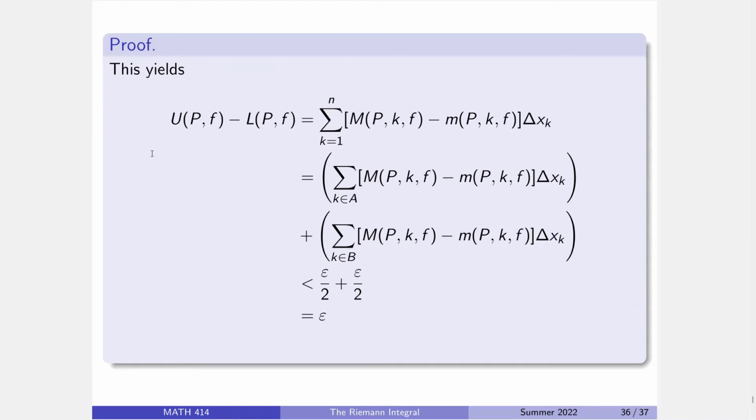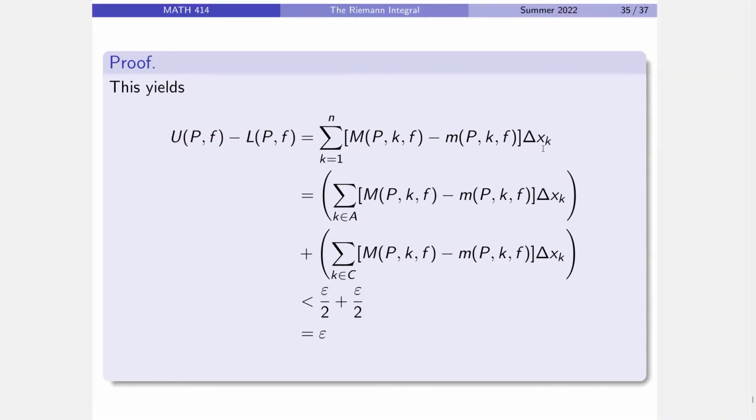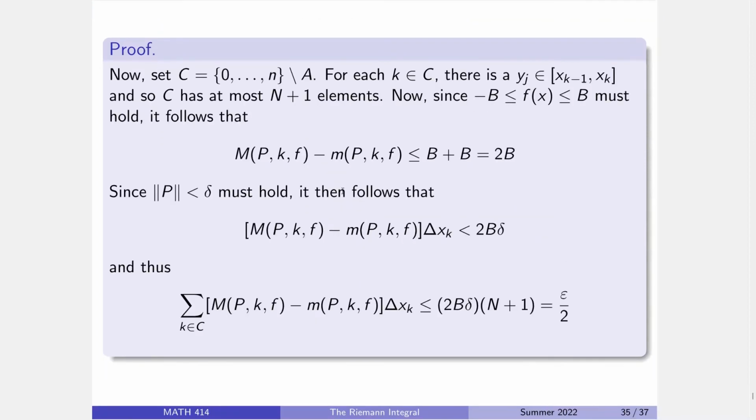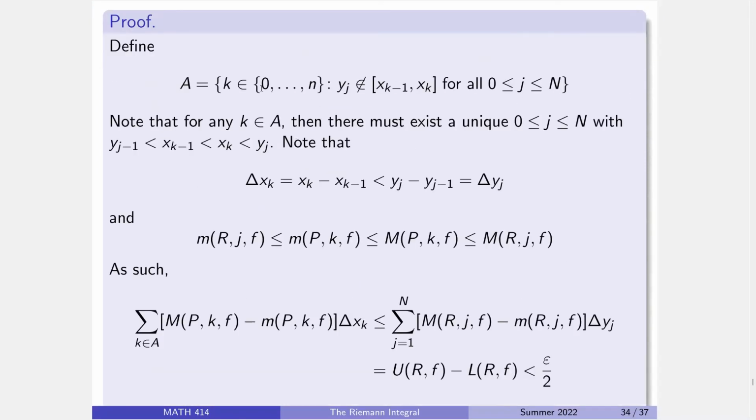So that means that if we look at the upper Darboux sum minus the lower Darboux sum, it's this summation. And as we pointed out, if K is hanging out, that should be a 1, catching all these little minor mistakes there.